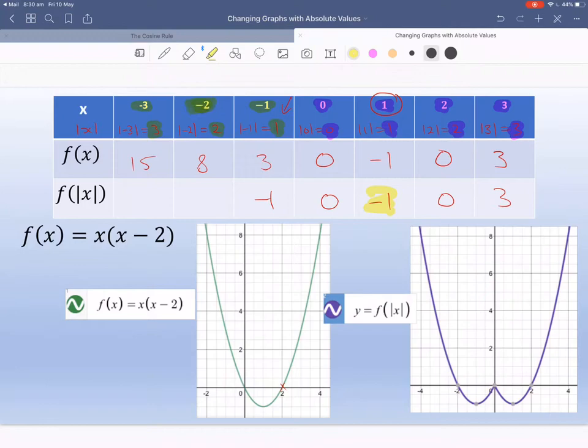And for this one, we're going to put the same value as 2, because obviously the absolute value of x is now 2. So that's going to be 0. And we're going to do the same for the -3, so it's going to be 3. Okay?